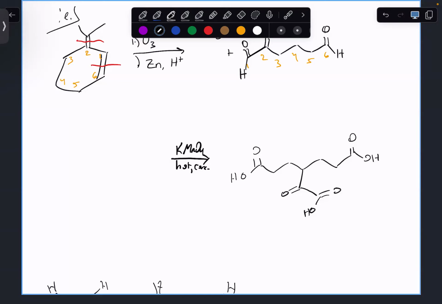I'm definitely going to number my carbons for this because it's kind of confusing me. So let's number the five-membered ring in red, and I'm going to number the six-membered ring in blue.